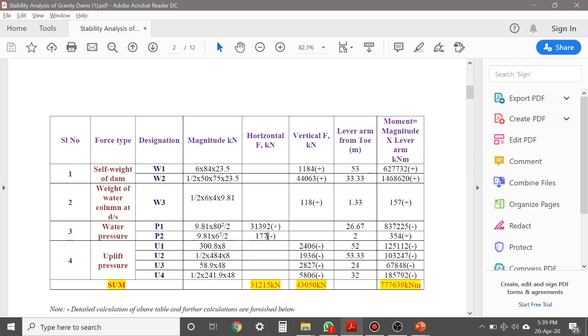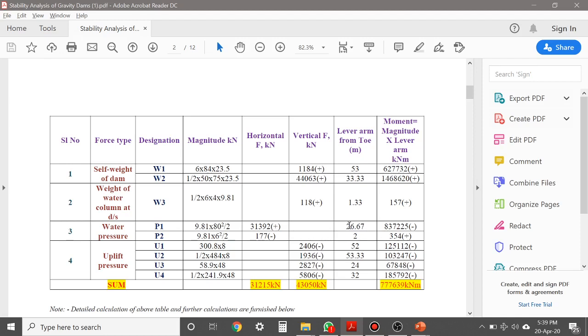According to sign convention, you know that right force is positive and left force is negative. Now taking the lever arm distance, this is capital H by 3 and this is small h by 3. Now you have to take the moment. Moment is equal to force into lever arm from toe.